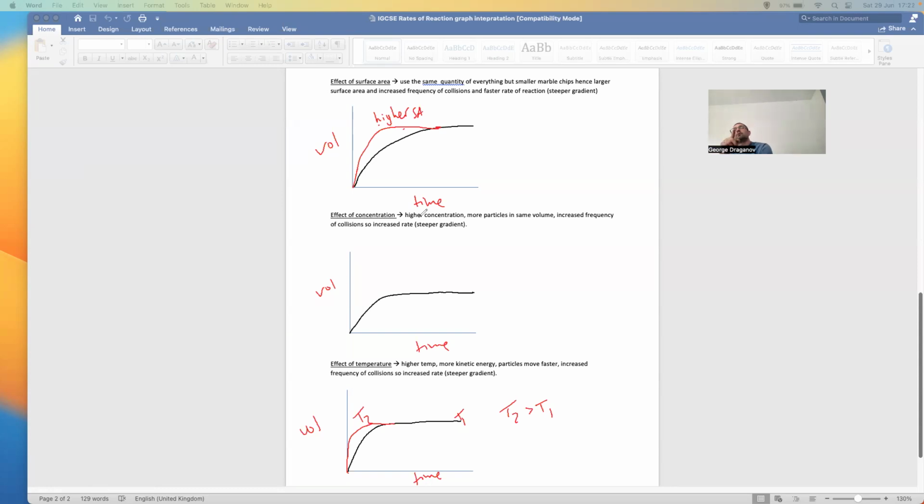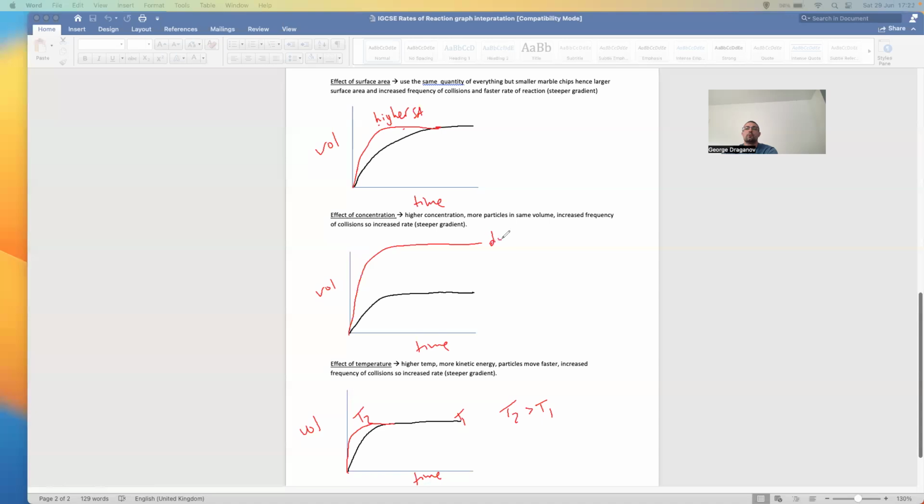Now this one you've got to be careful because it depends which one's in excess. So if we're collecting volume of gas and the marble chips are in excess, then if we double the concentration, we should be able to produce twice as much product and faster. So we have to draw it steeper at double the height.